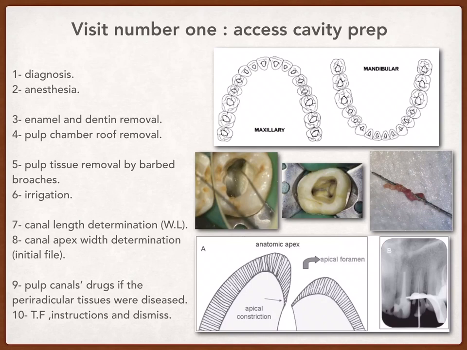For the lower molars, the same is here, and the base of the triangle is located mesially, and the apex of the triangle is located distally, or it may be trapezoidal in shape, or it may be oval in shape, so that the lower molars have 3 possibilities: either a triangle or a trapezoid when there are 4 canals, or an oval access cavity preparation when there are 2 canals in the lower molar.